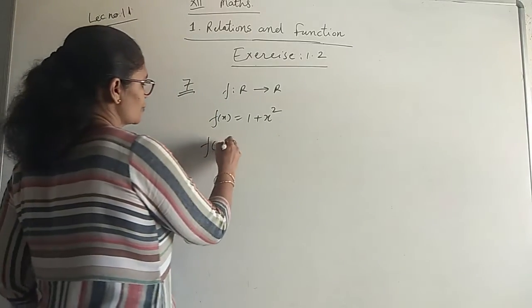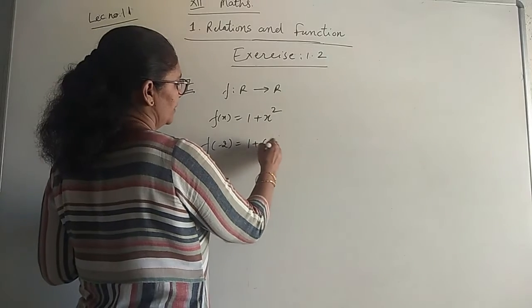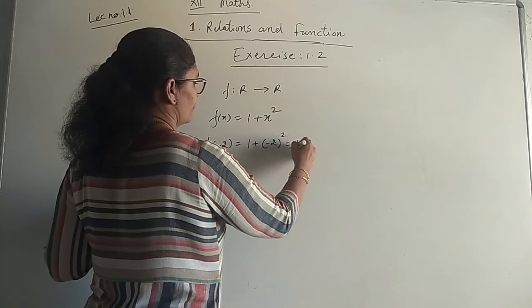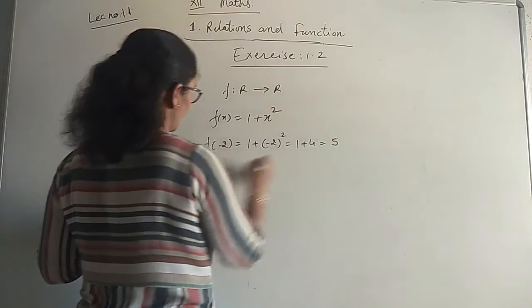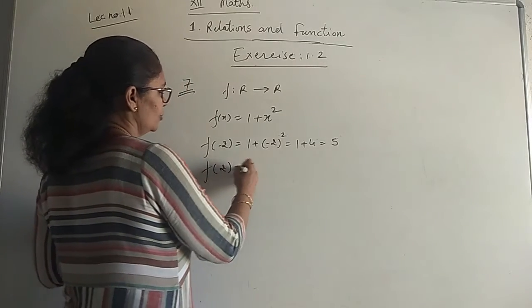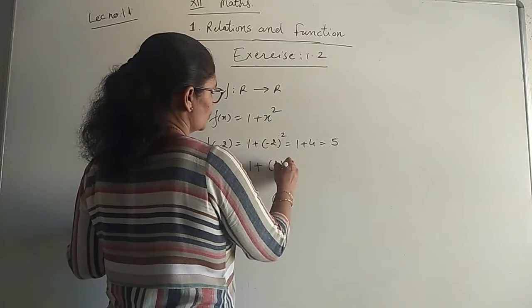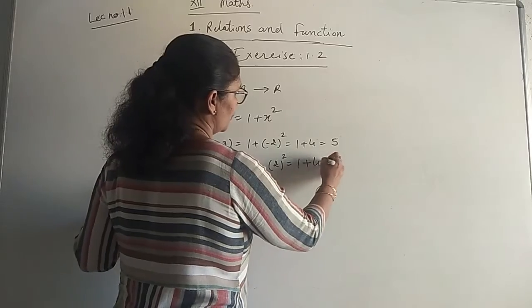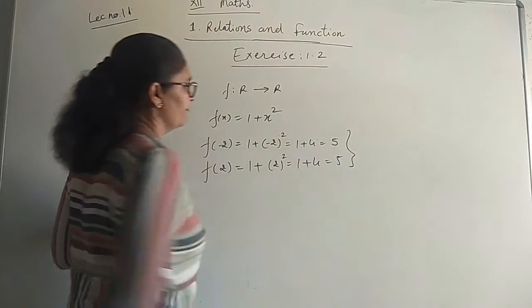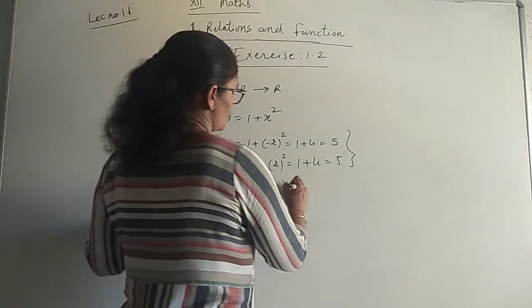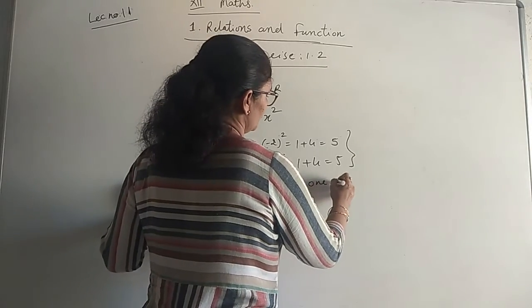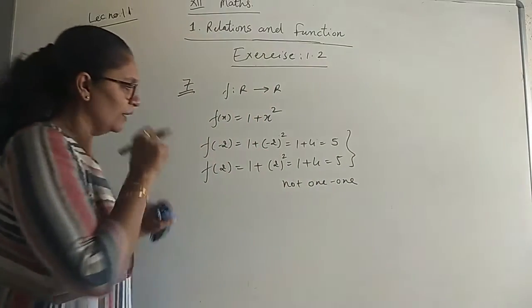Let's start with minus 2. If we take minus 2, 1 plus minus 2 square, 1 plus 4, so you get 5. Let's take 2 only, 1 plus 2 square, again 1 plus 4 is 5. So for two different inputs, same answer. So not 1-1. First part from example we have taken.